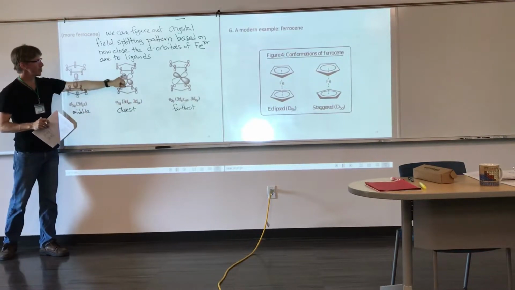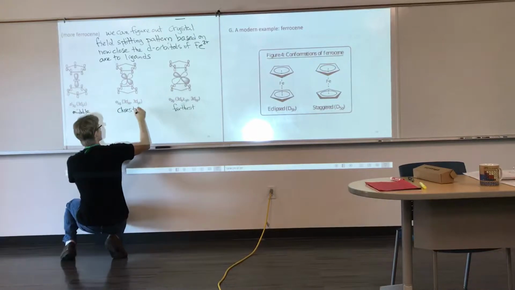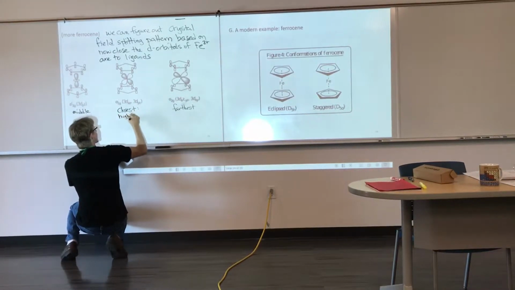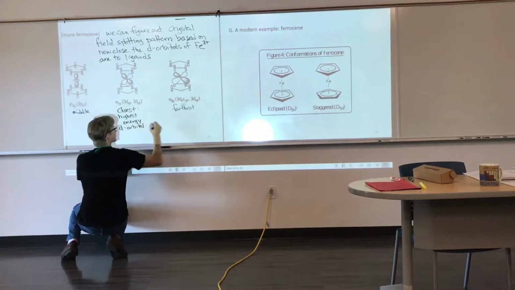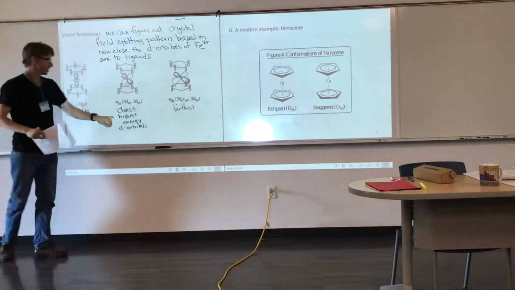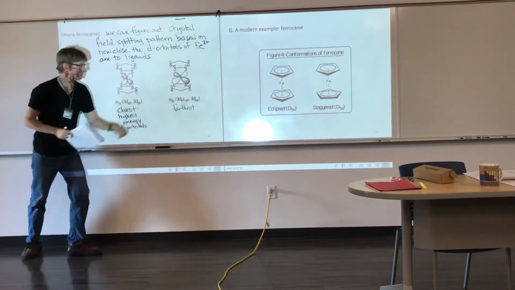When the d orbital and the ligand are closest, that means it's highest energy. When they're the farthest, it's the lowest energy.